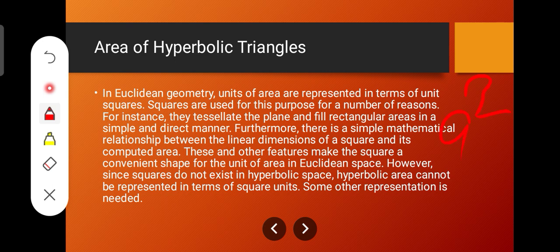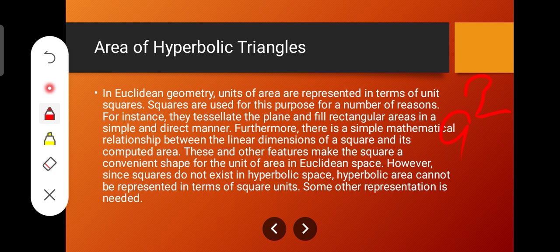Squares are used for this purpose for a number of reasons. For instance, they tessellate the plane and fill rectangular areas in a simple and direct manner. So, one use of squares is that they can fill rectangular areas in an easy way.